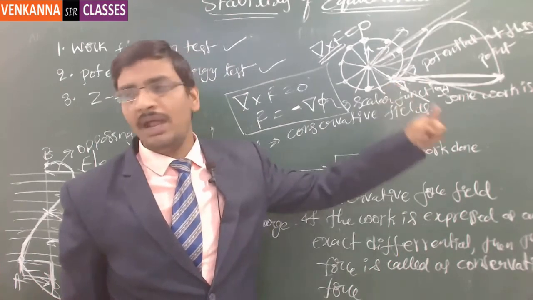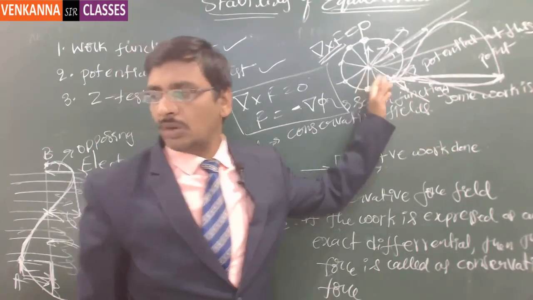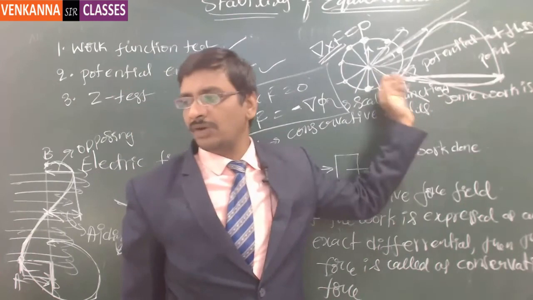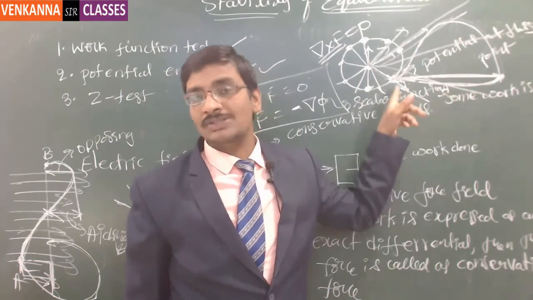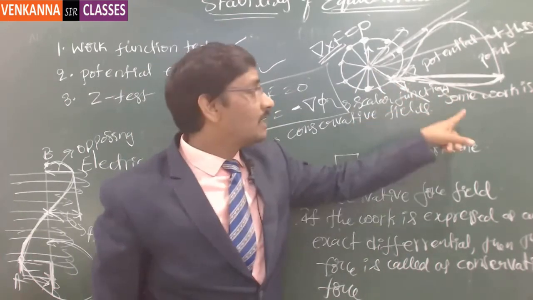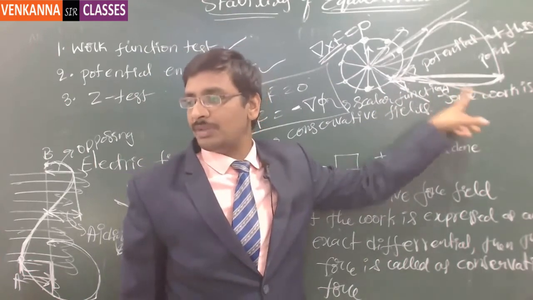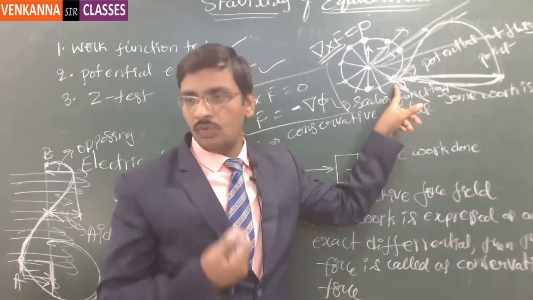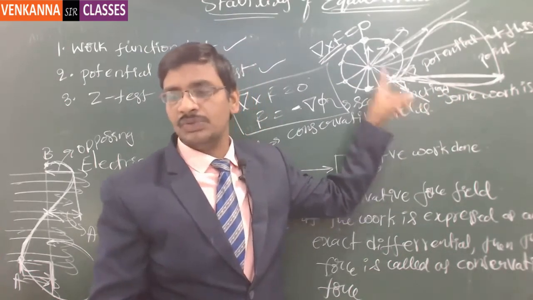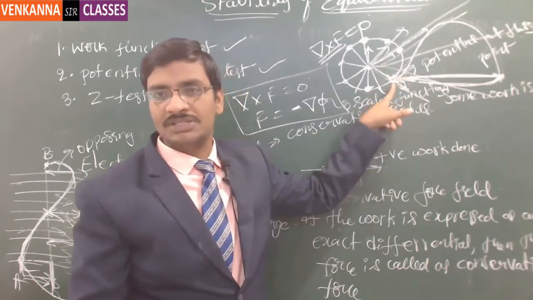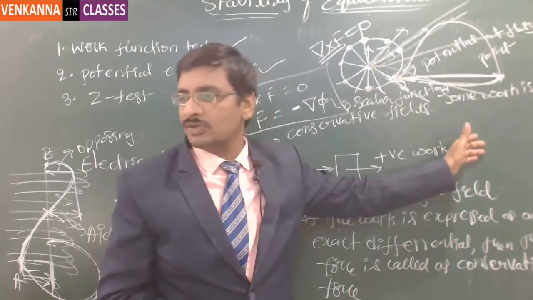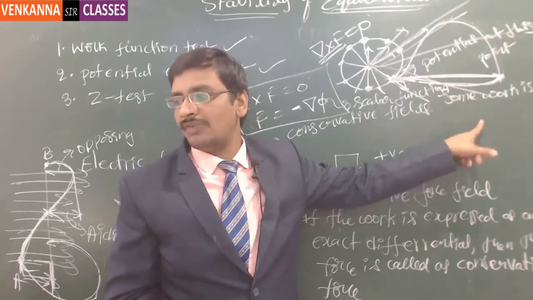If I remove my hand after moving, this will automatically be pushed away from there because it has that ability. I moved this particle from here to here using my own force, so I have done some work. This work is stored in the form of energy, and the same energy will be released so that it goes back.